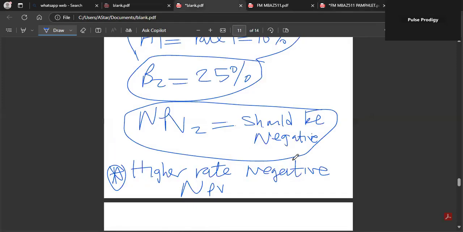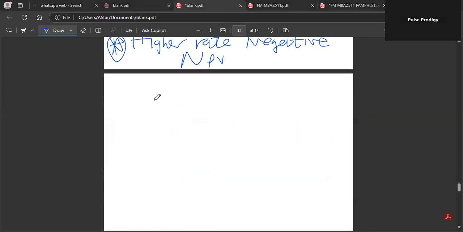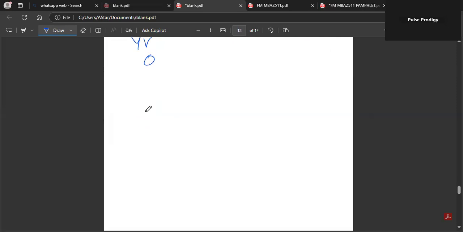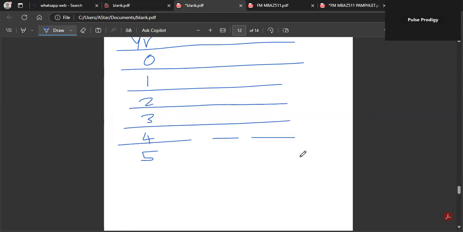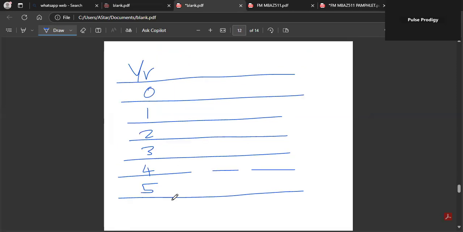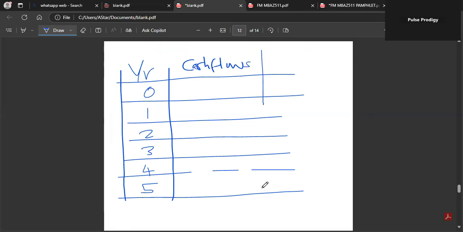Now, my question is, from the way we've looked at this question, of course you can have the year 0, 1, 2, 3, 4, 5. You have the cash flows the same way they are.